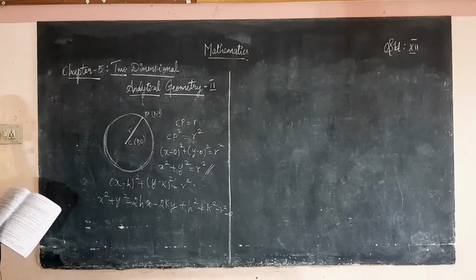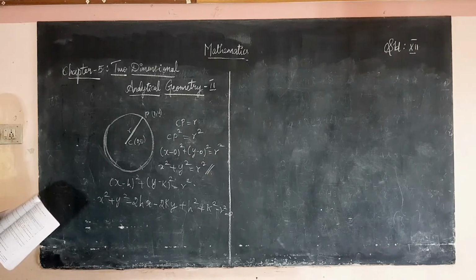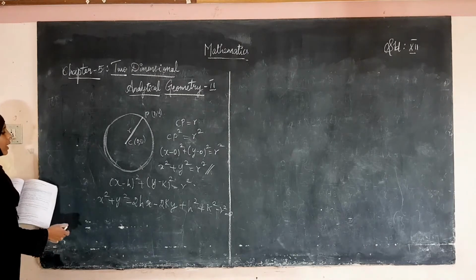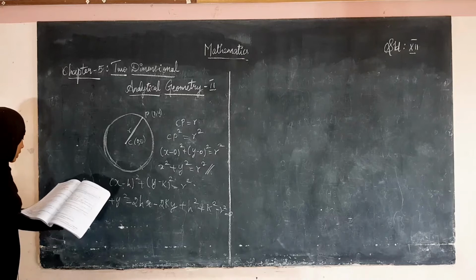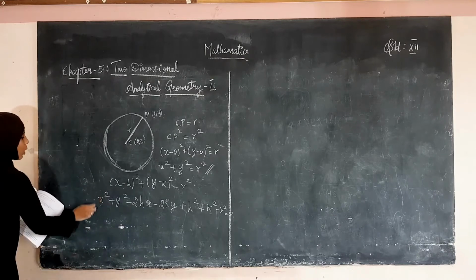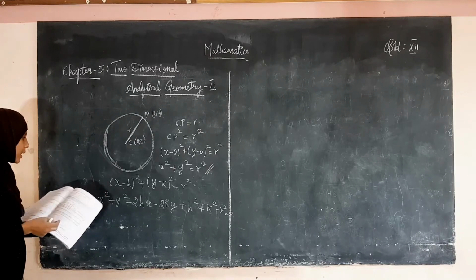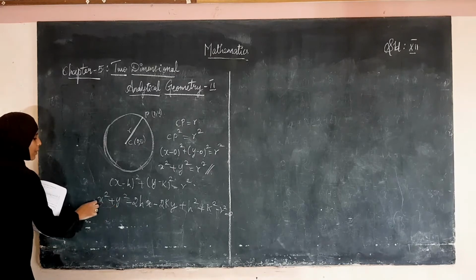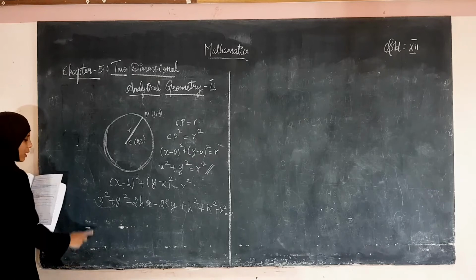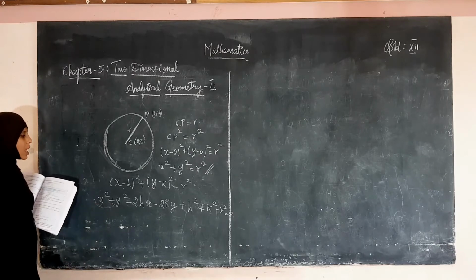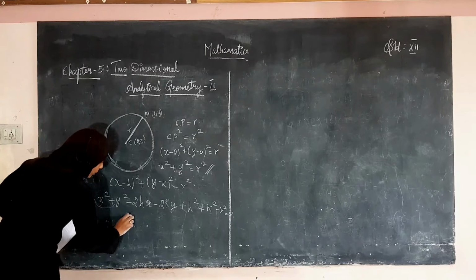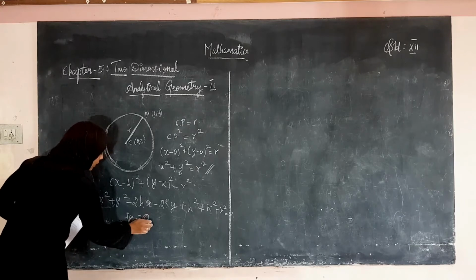There are 3 conditions for an equation to be a circle equation. The first condition is that x and y should be of second degree, and it should have the same coefficient. See here, the coefficient is 1 on both sides. The next point is that the xy term should be equal to 0.